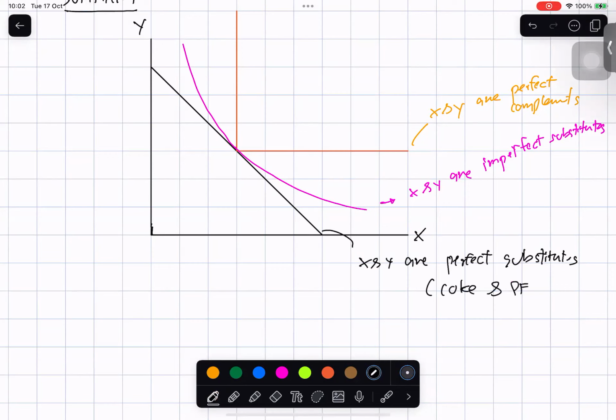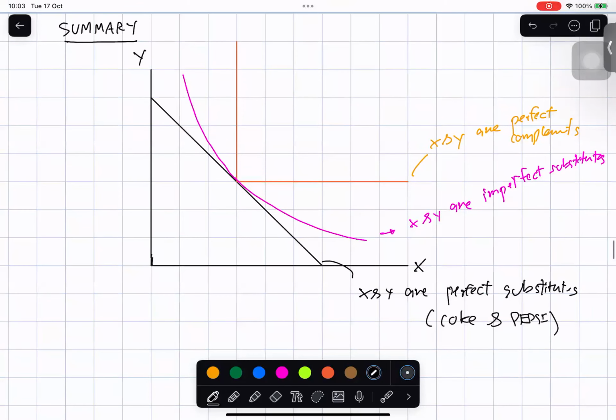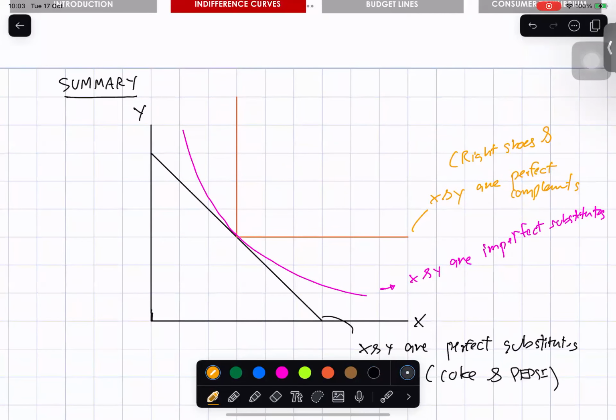Coke and Pepsi is an example of perfect substitutes. Right shoes and left shoes, perfect complements.